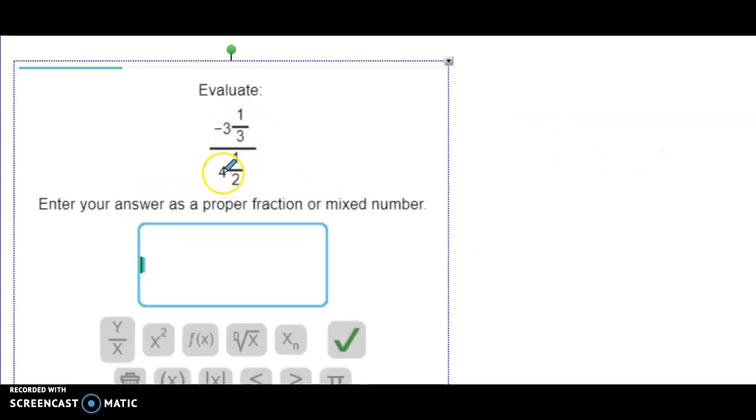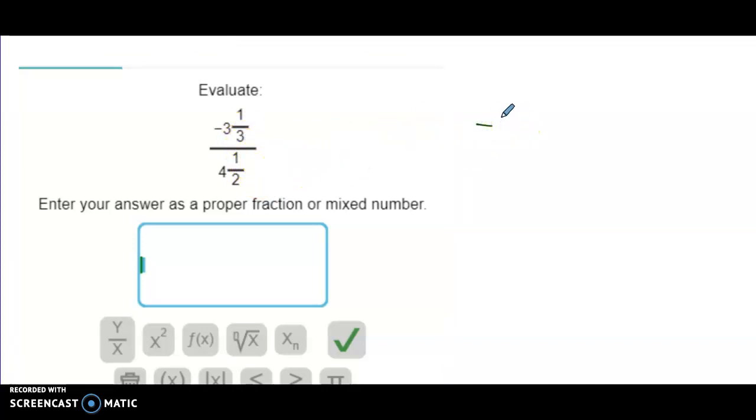Here, this looks like a lot of division lines. So when we're dealing with fractions and mixed numbers, when it's just a simple equation like this, not a word problem, I like to write it horizontally and then work down. -3 1/3 divided by, a good old-fashioned division symbol, 4 1/2.